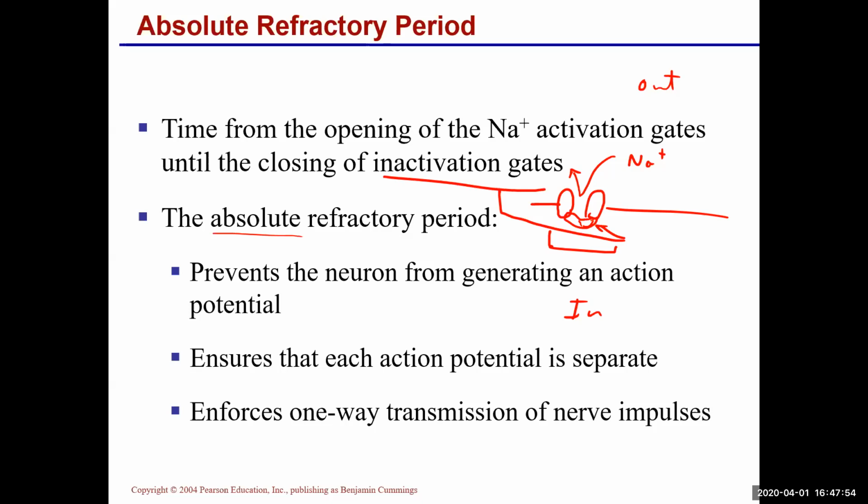And also it ensures that each signal is separate from one another. One signal comes in and is fired, now the second signal could come in. And again, it helps the propagation of the signal in the neuron to go one way. So if we have a nerve, for example, right here, okay, when you have a lot of these sodium channels that are voltage sensitive, if this one is inactivated, and this one is inactivated, now pretend that sodium is going in here, so in here is positive.